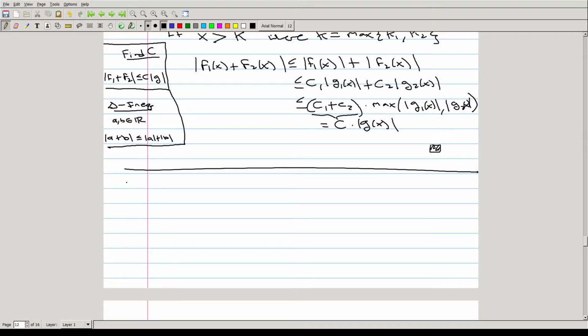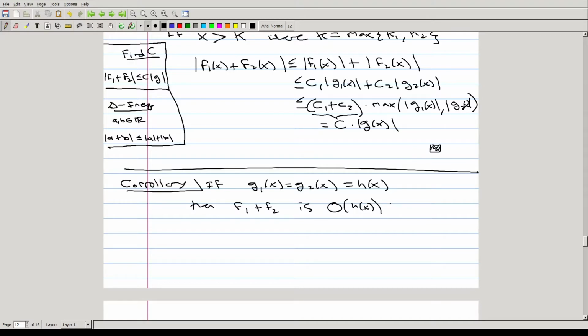And an interesting corollary here is that if g1 of x equals g2 of x, which we'll call some new function h of x because they're the same function, then f1 plus f2 is big O of h of x, or f1 plus f2 is dominated above by h of x.